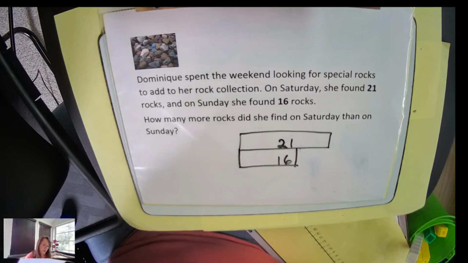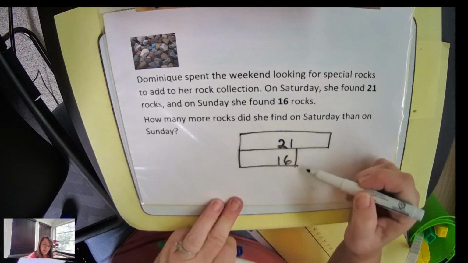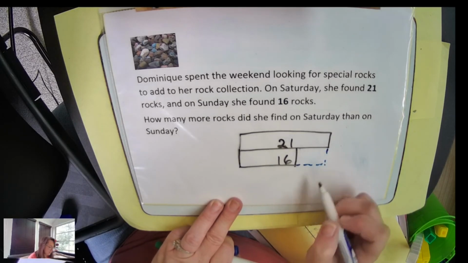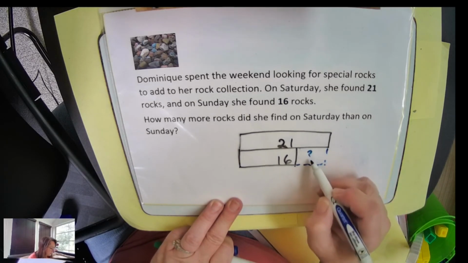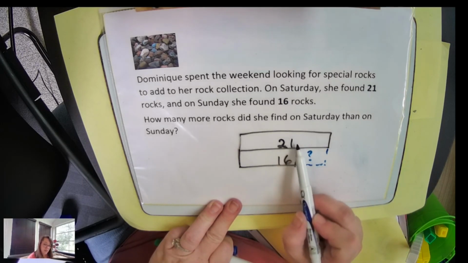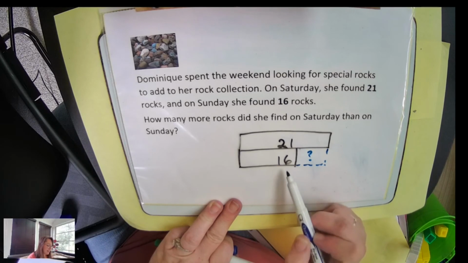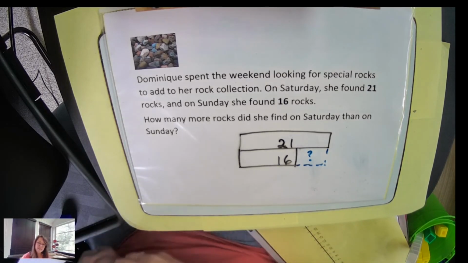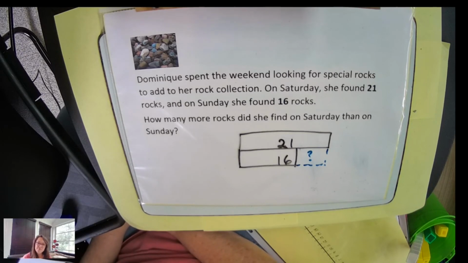And we want to know the difference between these numbers. How many more rocks did she find on this day than on this day? Would you like to share an answer now?